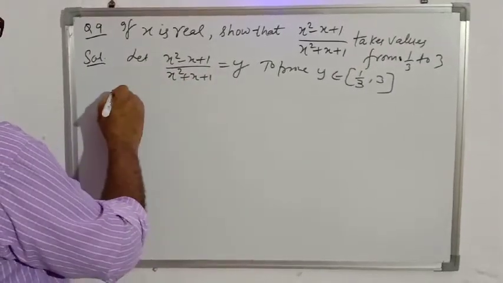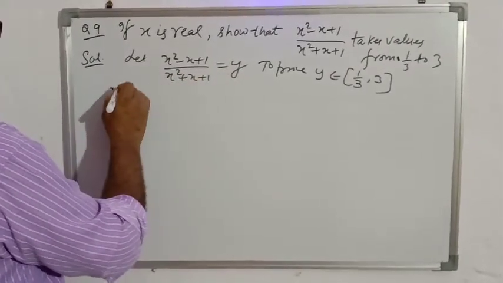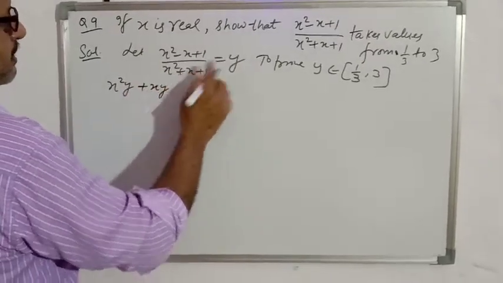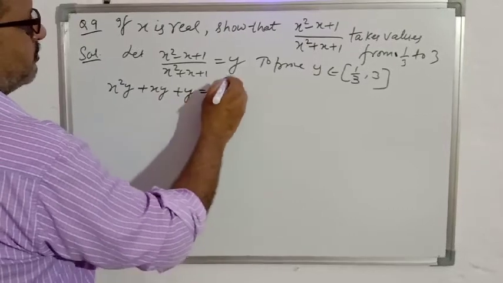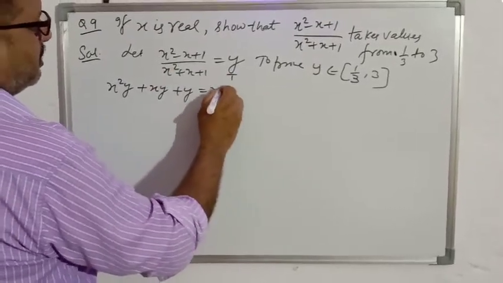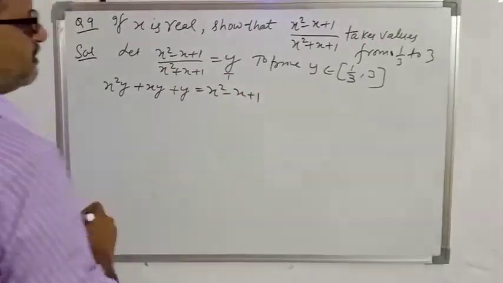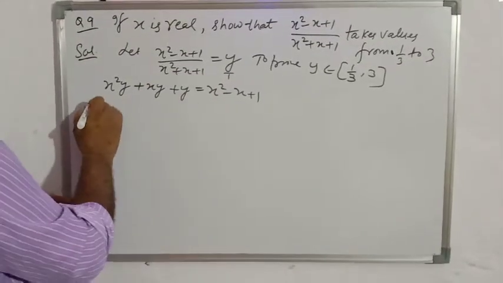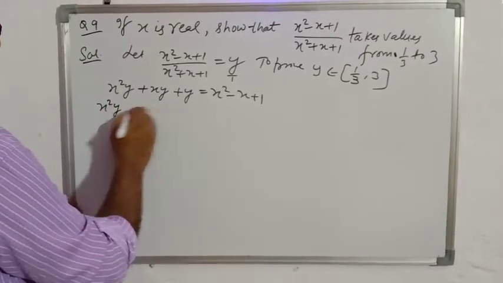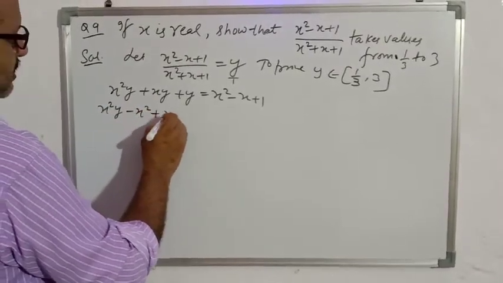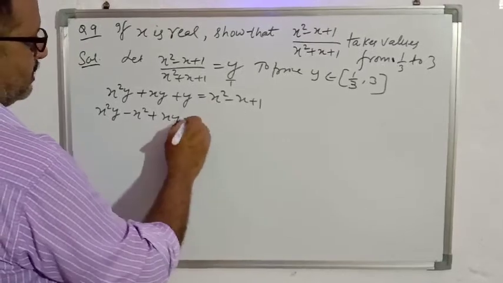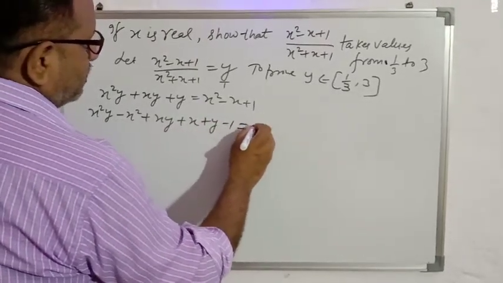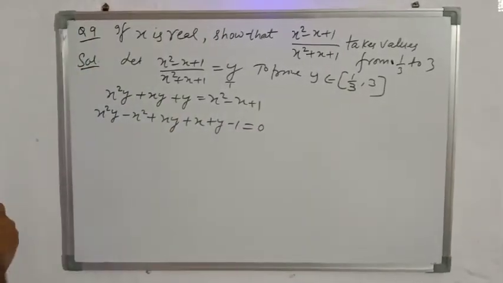Cross multiply. So x square y plus xy plus y is equal to x square minus x plus 1. Transpose all the terms to the left side: x square y minus x square plus xy plus x plus y minus 1 is equal to 0.